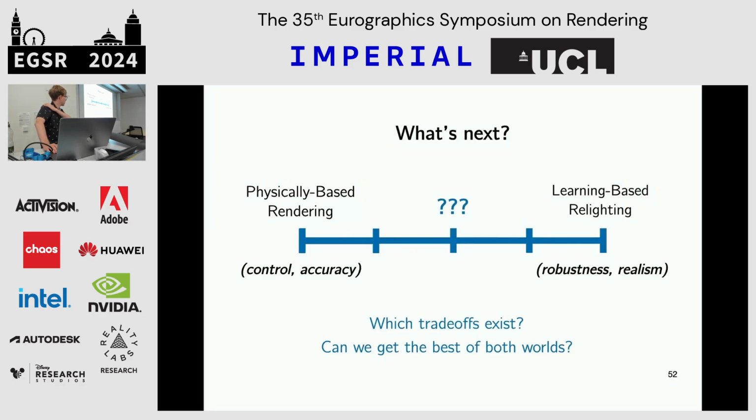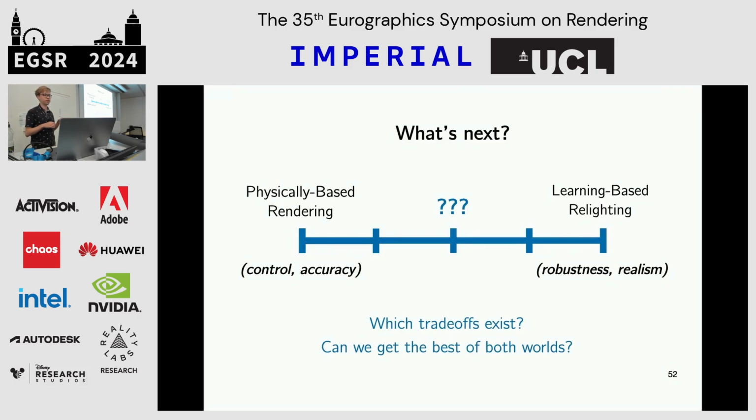So what comes next? This is where I think things will get interesting in the future because what we've done is essentially build a minimum viable product of learning-based relighting, where things are very realistic, it's very robust, but we have no control over anything. We don't have physical guarantees that what we obtain is correct. And so that's one extreme.